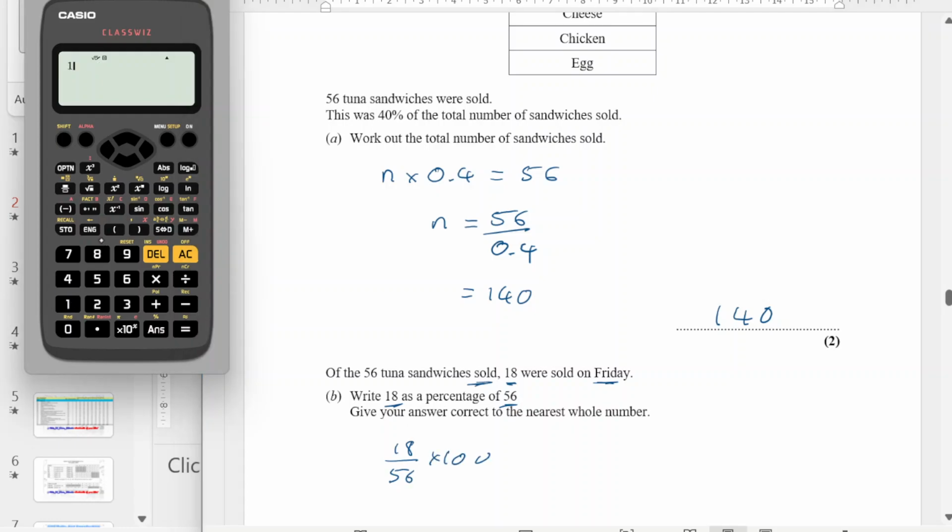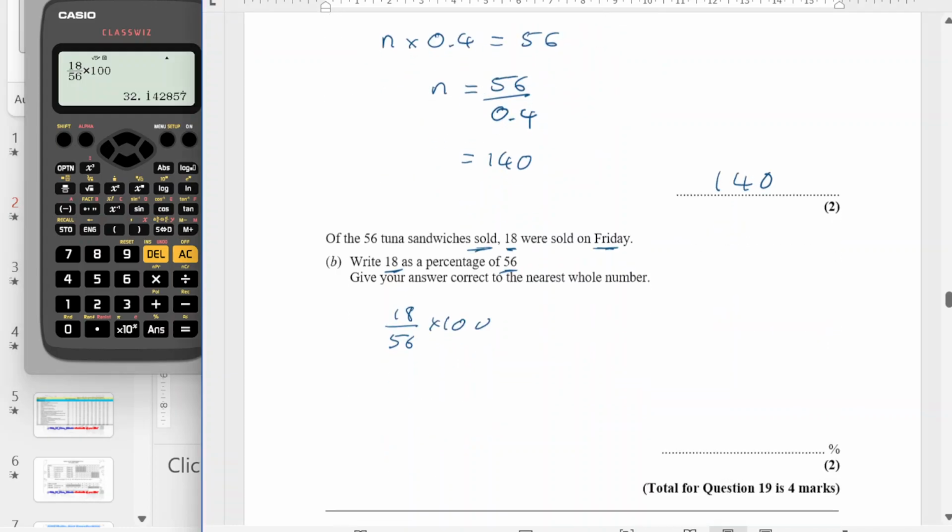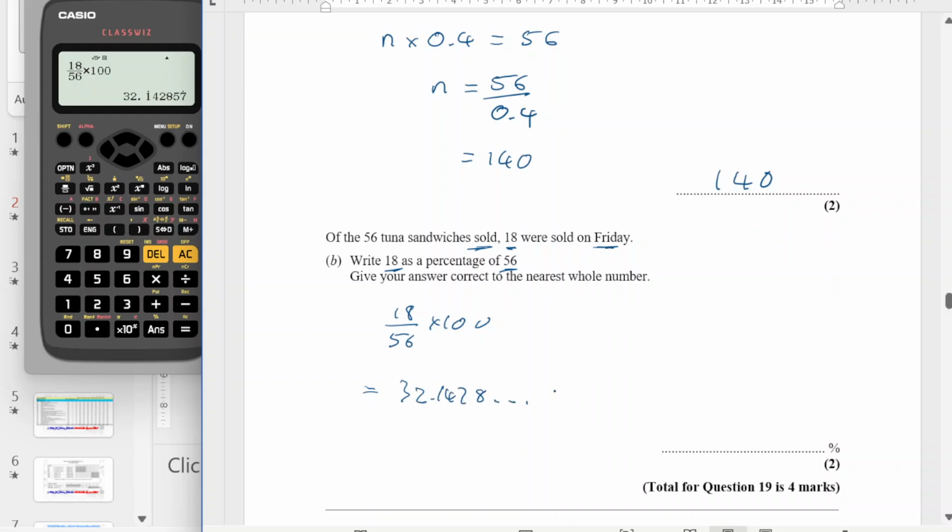So 18 over 56 times by 100 gives us 32.1428... So as a percentage, we're looking at 32% to the nearest whole number.